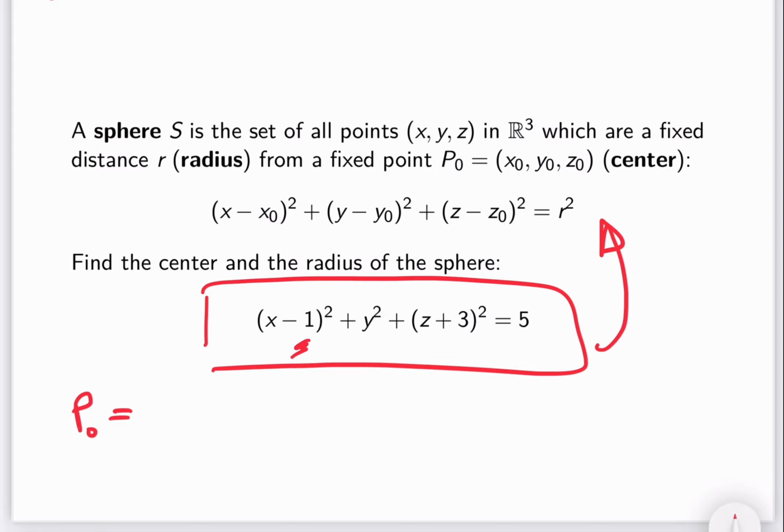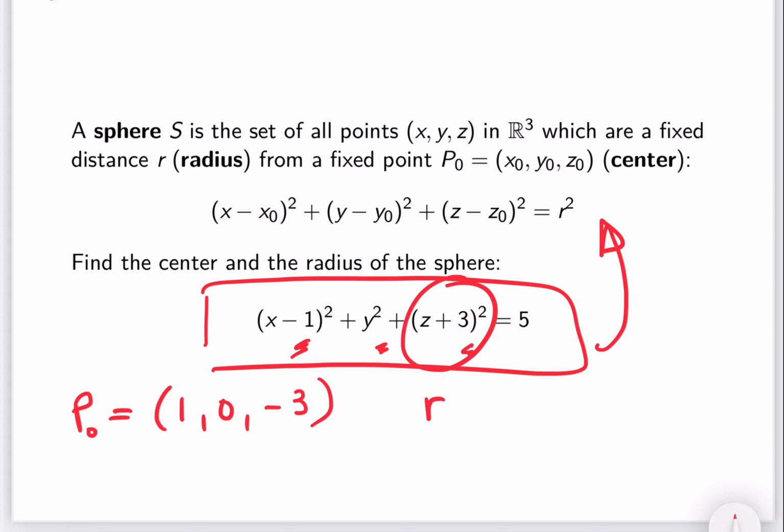In this case, it's going to be 1, 0, and 3. So the first component will be 1, the second component will be 0, and the third component will be 3, since this last term here is actually z minus 3.